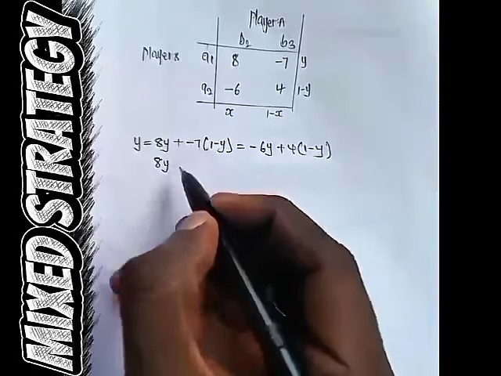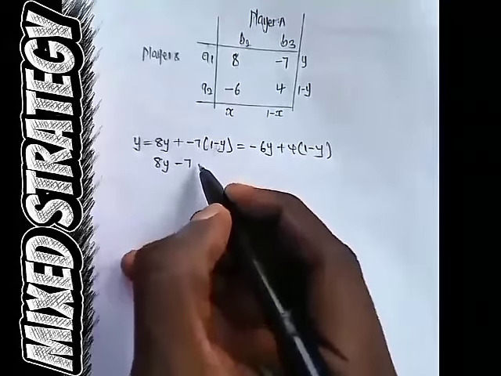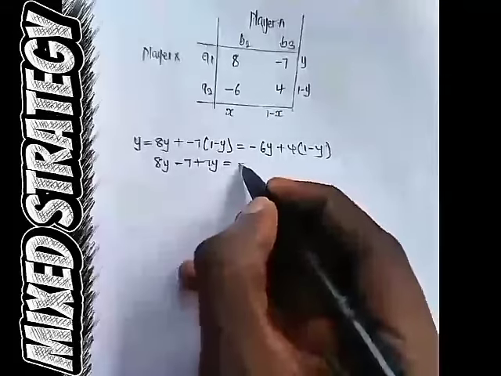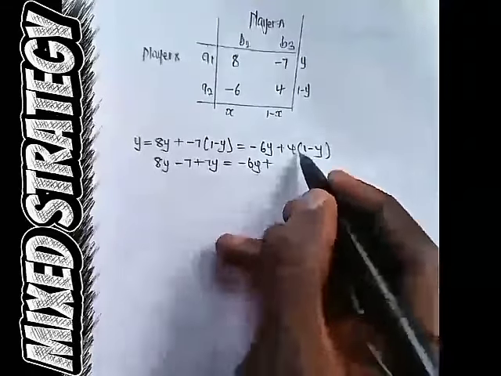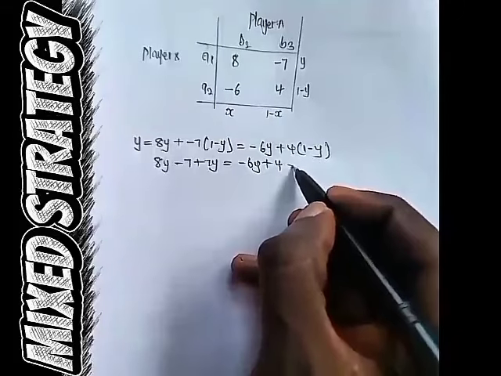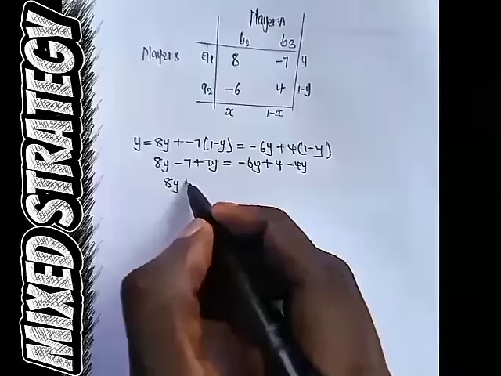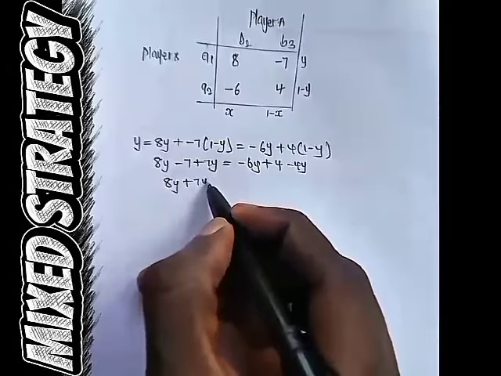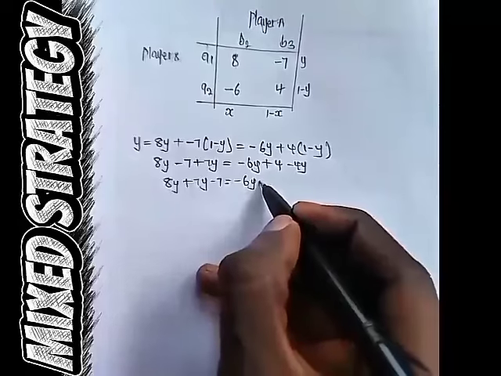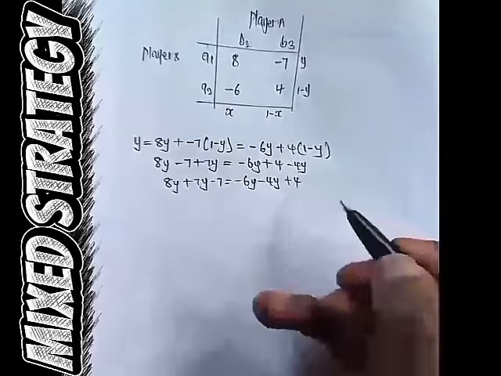Minus 7 times 1 is minus 7. Minus 7 times minus y is plus 7y, equals to minus 6y plus 4 times 1 is 4 plus 4 times minus y is minus 4y. So this will be 8y plus 7y minus 7 equals to minus 6y minus 4y plus 4.